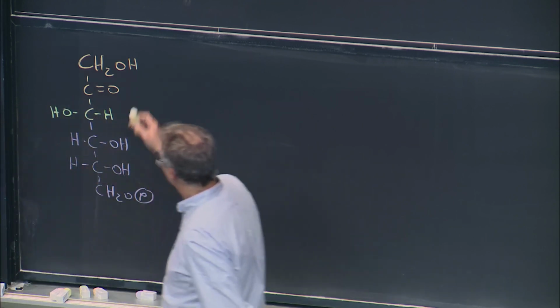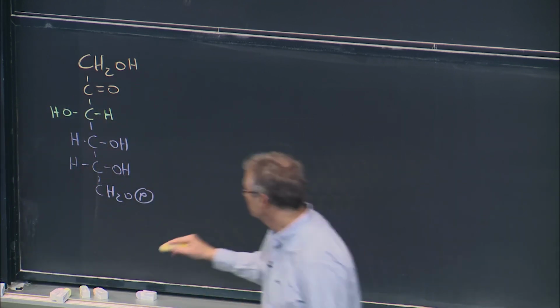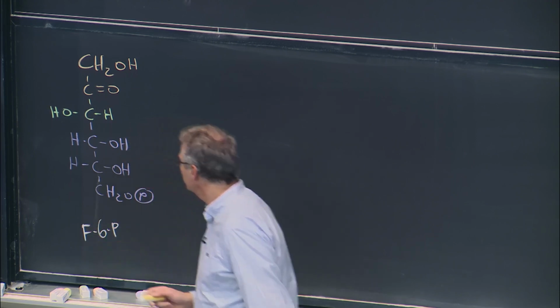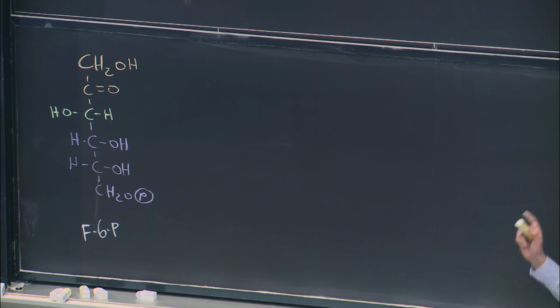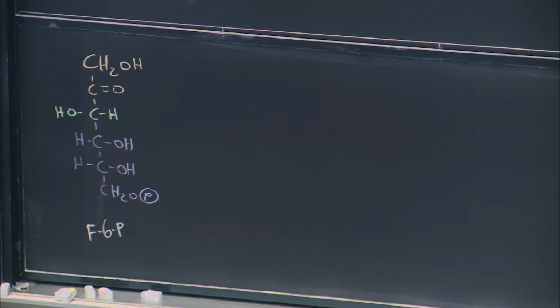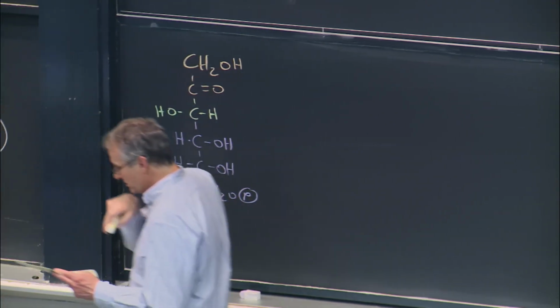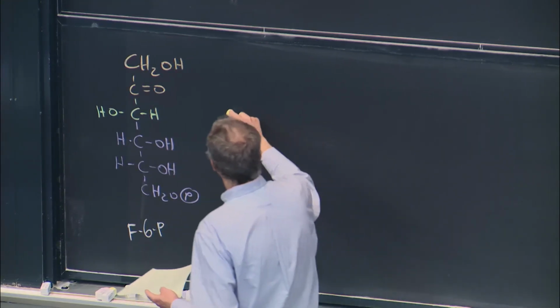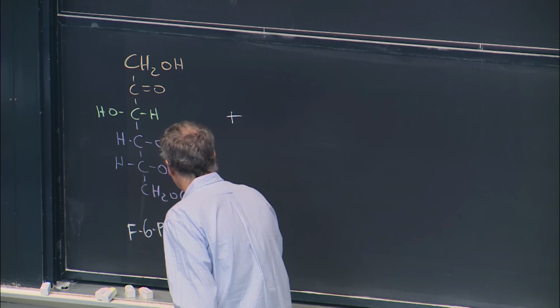Okay, so here is a ketose. This is, of course, fructose 6-phosphate, okay? And so fructose 6-phosphate is a ketose. If we use this step here as an example, fructose 6-phosphate and glyceraldehyde 3-phosphate, okay? So here we start with our ketose.